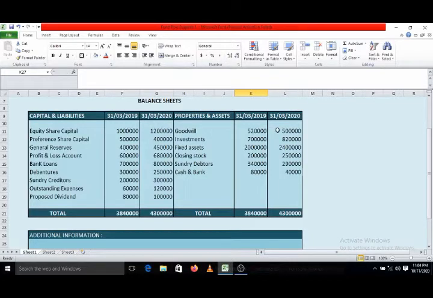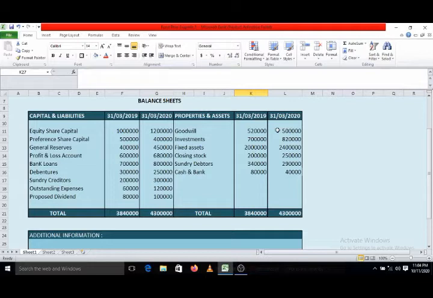It means the goodwill balance has reduced by ₹20,000. Why has it reduced? That is because of writing off of the goodwill balance by ₹20,000. As we know, goodwill is one of the fictitious assets. Only purchased goodwill can be recorded in the books of account, and whatever purchased goodwill we record in the books as an asset is to be written off over a number of years.